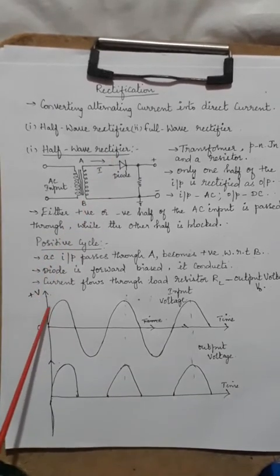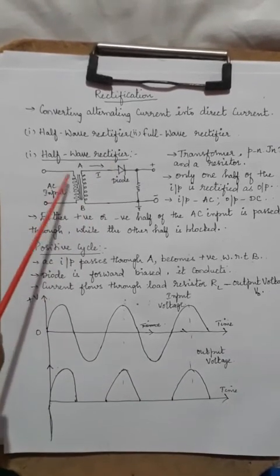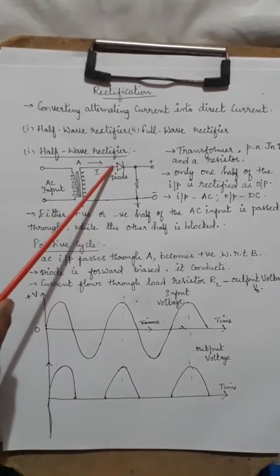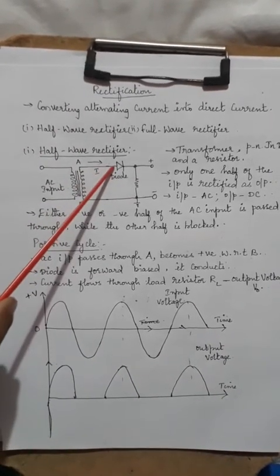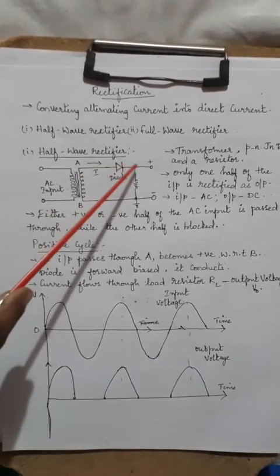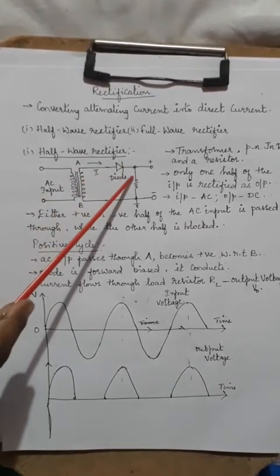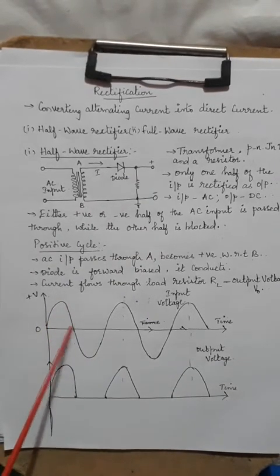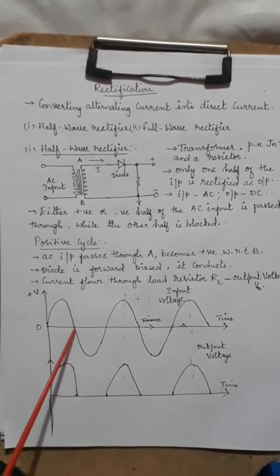During the positive cycle, input passes through A and it becomes forward bias, that is, P is given positive and N is given negative, so it can conduct, and once the current increases and then decreases, it becomes 0.